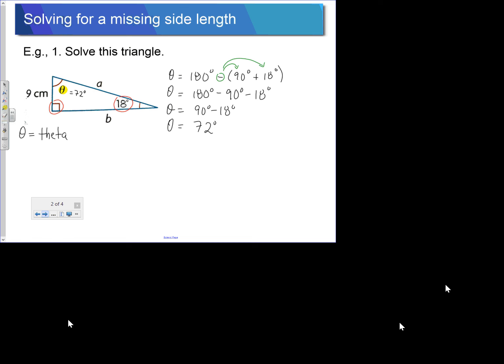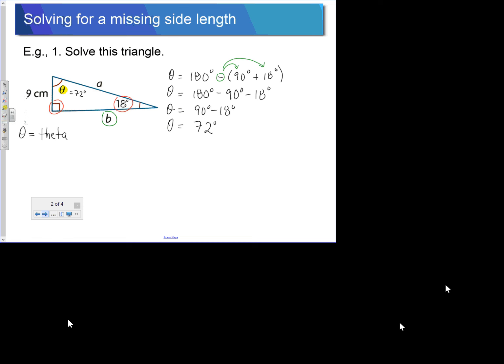Moving forward, we now have to focus on solving for A and for B. So I'm just going to grab a different color here. Let's start with side, I guess it doesn't really matter. Let's go with B. So what we want to do here is we would like to use either sine, cosine, or tangent.